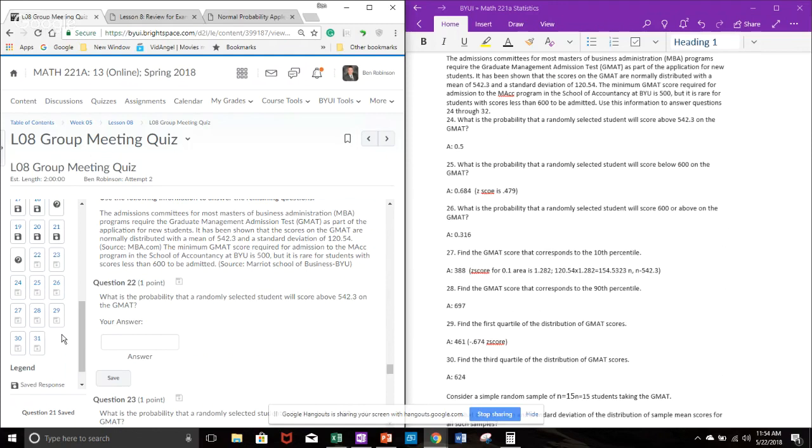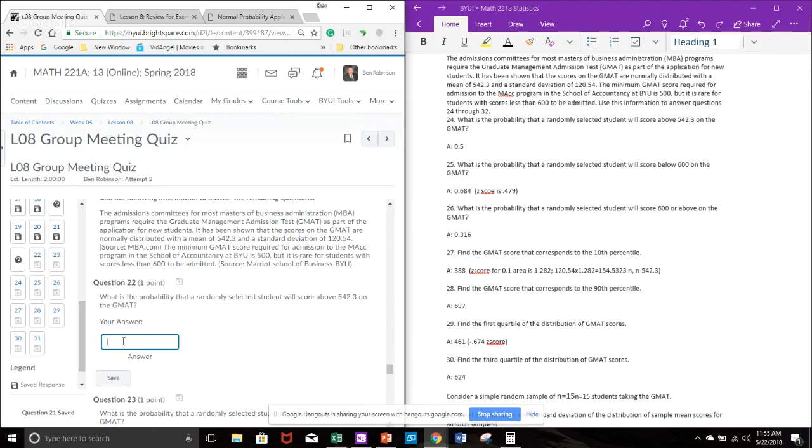The minimum GMAT score required for admission to the MAcc program in the School of Accountancy at BYU is 500, but it is rare for a student with a score less than 600 to be admitted. What is the probability that a randomly selected student will score above 542.3 on the GMAT?